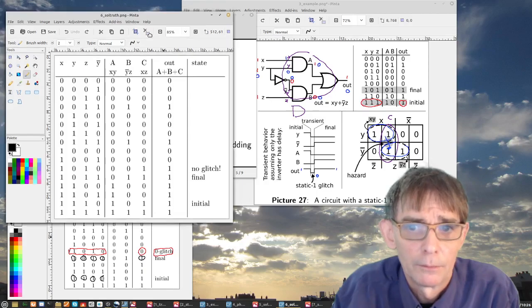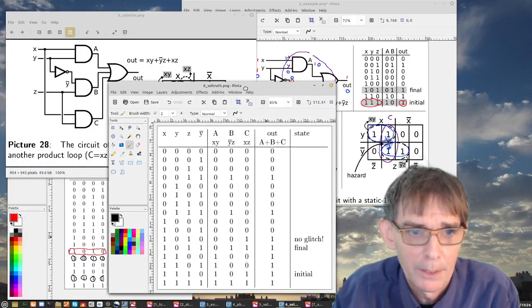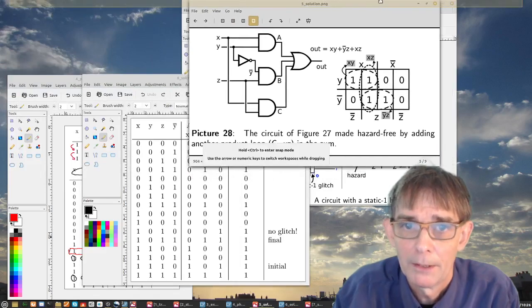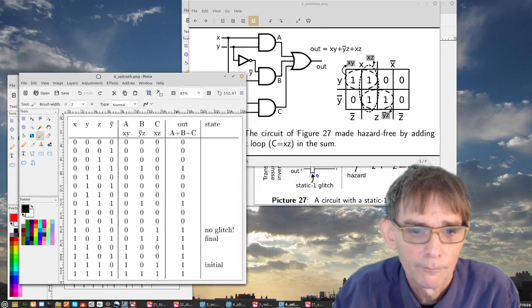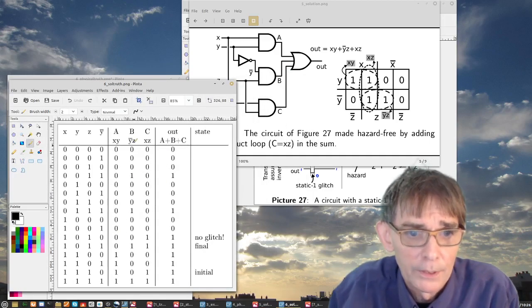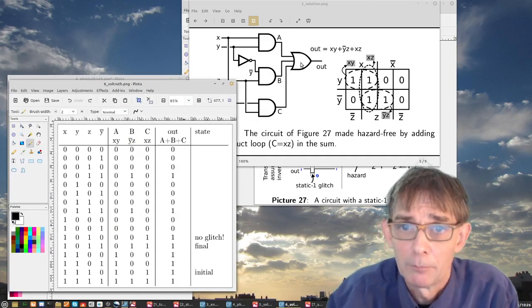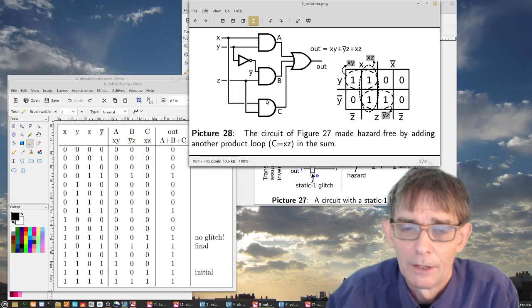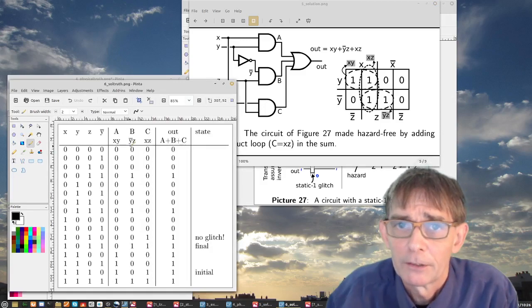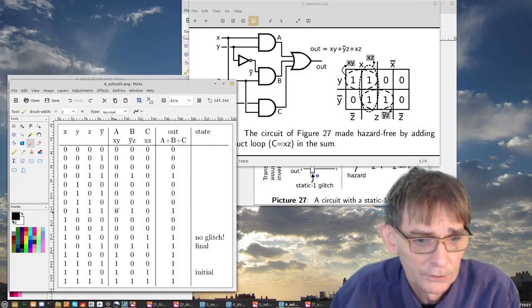Let me show you again. Now we have this one. It's becoming a little bit messy maybe. Let me put this one on top above my head. Because we have now a sum of 3 AND gates, A, B or C, and in these 3 AND gates this effect of this glitch doesn't happen anymore, as you can see.